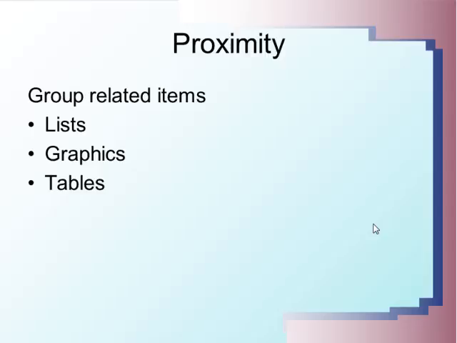The text that follows the heading 1 belongs to the heading 1. So we put less space between those two items to make them closer together, to put them more in proximity. There is more space before the heading 1 to distance it from the previous section or the previous topic. So, in the design of heading 1s for this class, white space has been used to create proximity by making the heading closer to the text it belongs to.